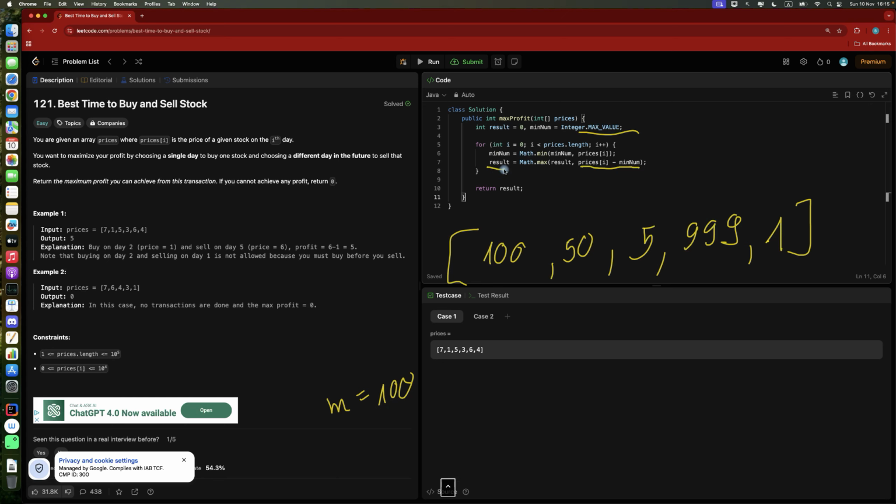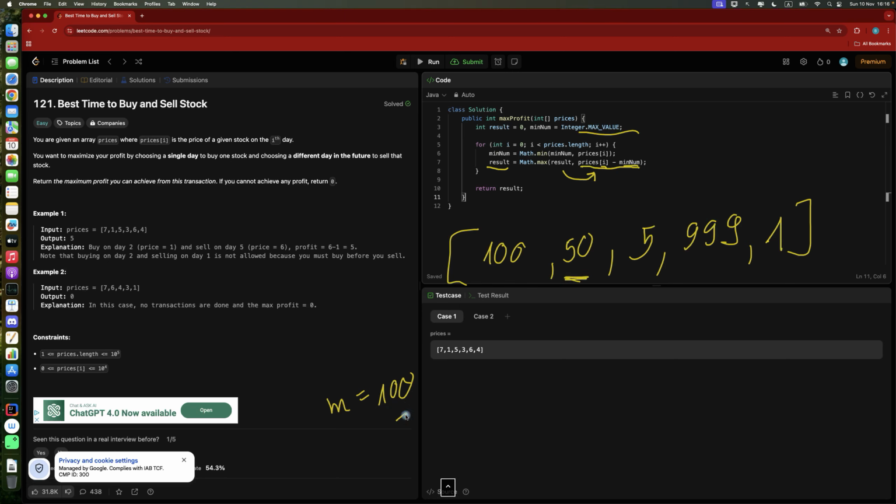So the result says compare result with this statement and return the largest. So it will return 0, because 100 minus 100 will be 0. Result is 0.